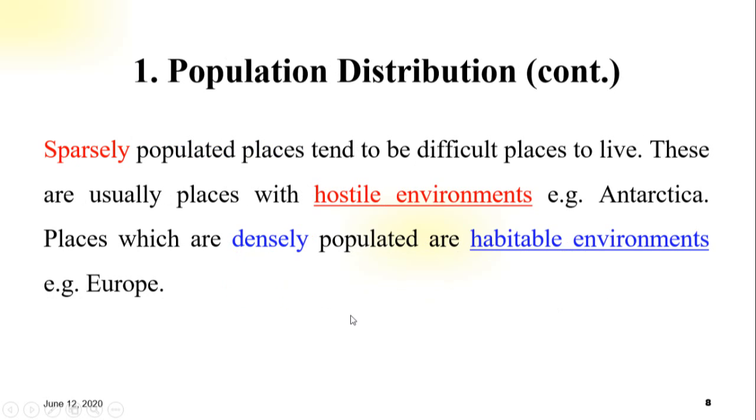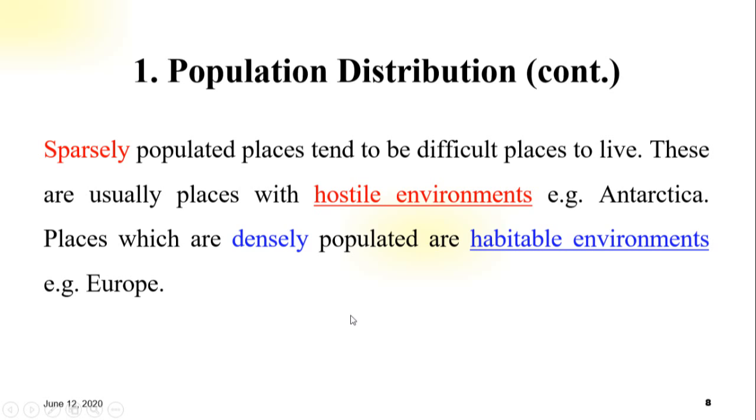Sparsely populated places tend to be difficult places to live. It means sparsely has a little people or few people, because that place is so difficult to live. These are usually places with hostile environments.